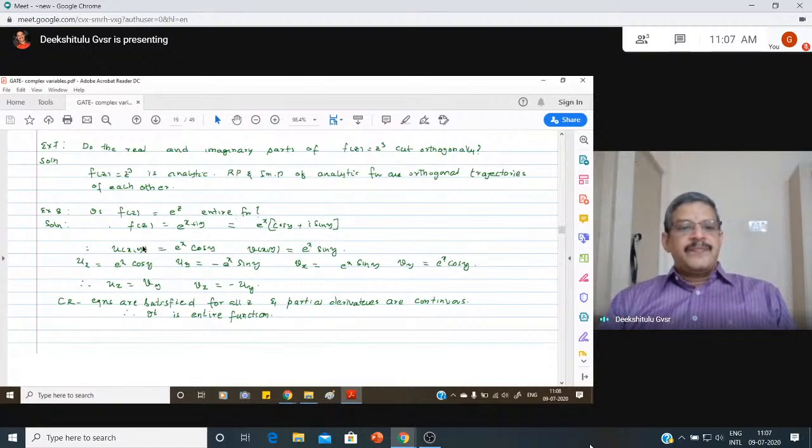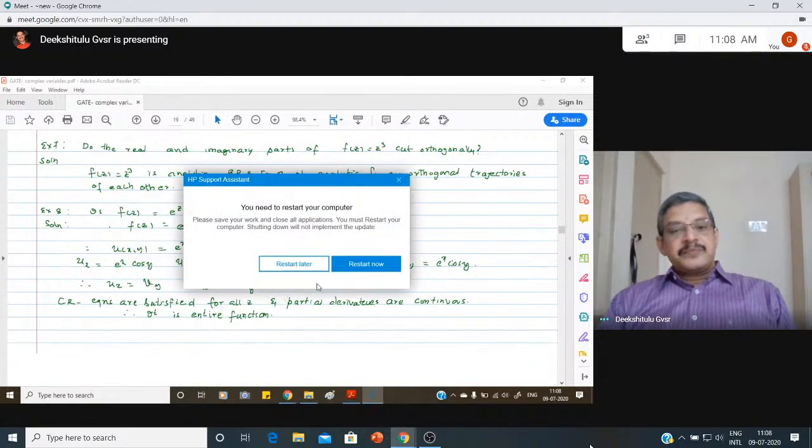So u is e power x cos y and v is e power x sin y. So dou u by dou x is e power x cos y, dou u by dou y is e power x into minus sin y, that is minus e power x sin y. Dou v by dou x is e power x sin y and dou v by dou y is e power x cos y, and then they are equal.